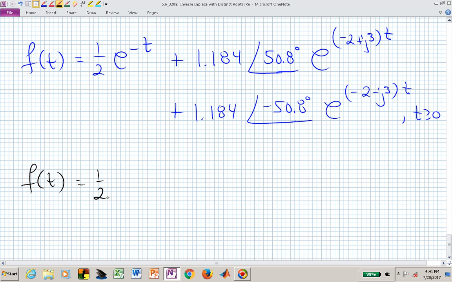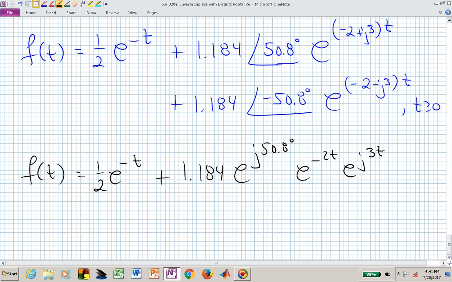F of t is now 1/2 e to the minus t plus 1.184 e to the j 50.8 degrees, e to the minus 2t e to the j 3t. That's the second term, plus 1.184 e to the minus j 50.8 degrees, e to the minus 2t e to the minus j 3t, and again, that's t greater than or equal to 0.